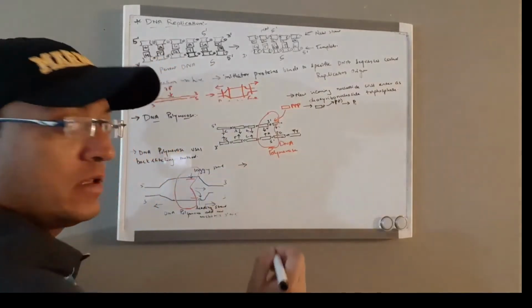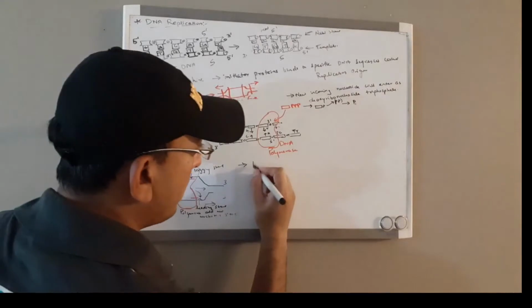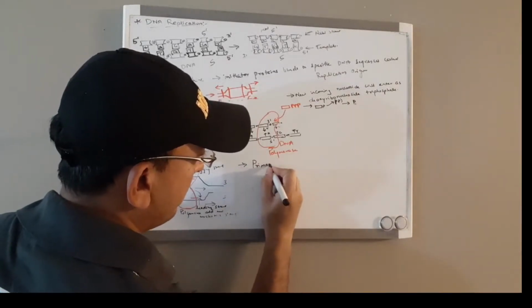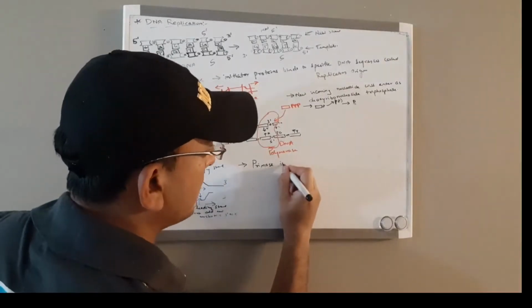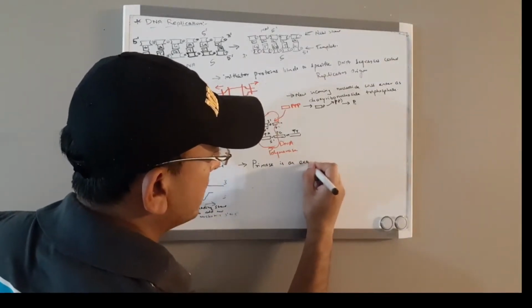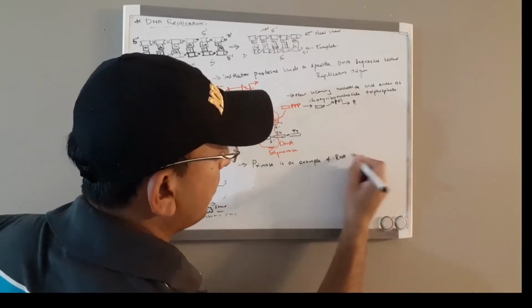The help that the DNA is getting is from the primase enzyme. So this primase is an example of RNA polymerase.